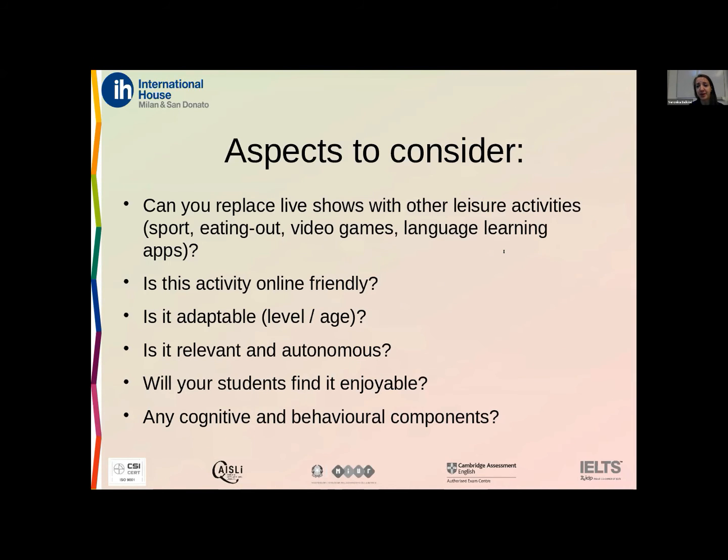Well, your students might develop their critical thinking abilities because they don't just do research, they also need to analyze the information by comparing different venues, right? And as for the behavioral component, they're going to work as a team. So that's important as well. This might be useful for their future.